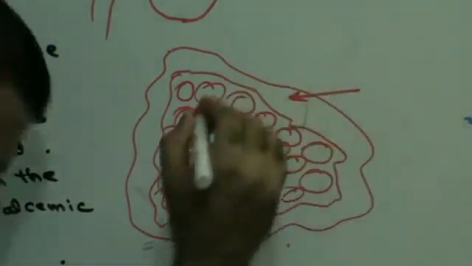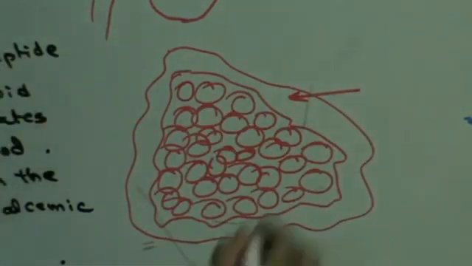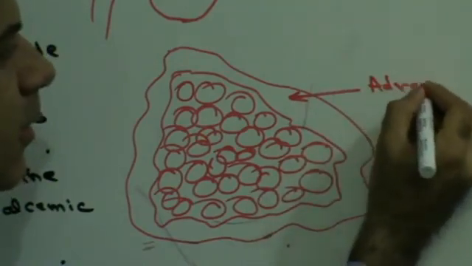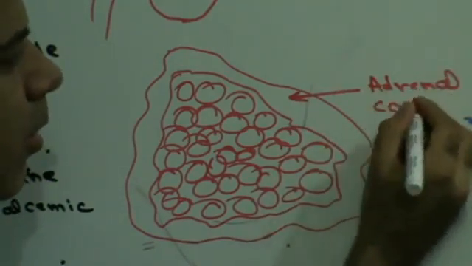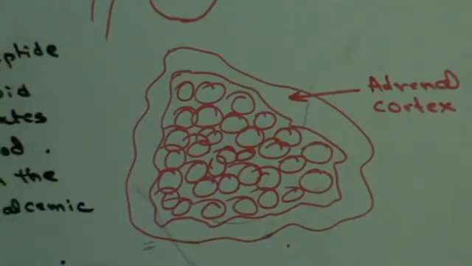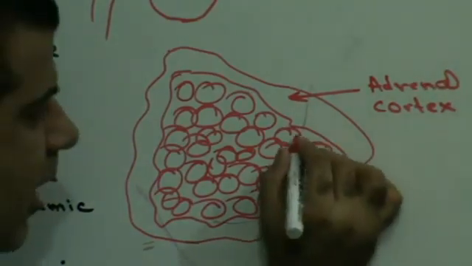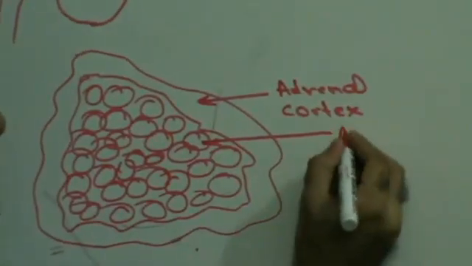The outer region is called the adrenal cortex, and the inner region is called the adrenal medulla.